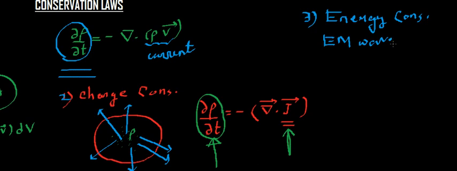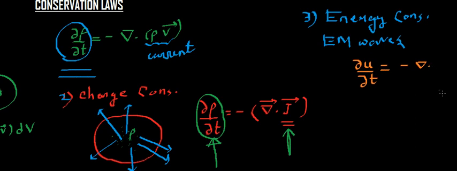EM waves carry energy. Any wave carries energy. Specifically, we are talking about EM waves. In EM waves, there is an interesting thing called the conservation of energy, which says that if there is any decrease in energy in a particular region, then this is equal to some outward flow of energy.